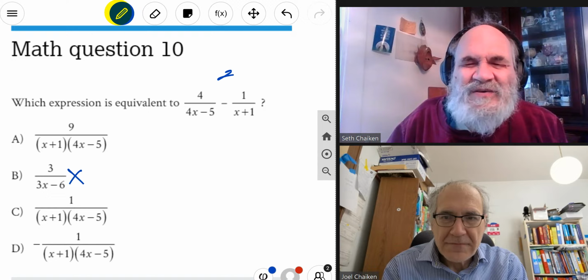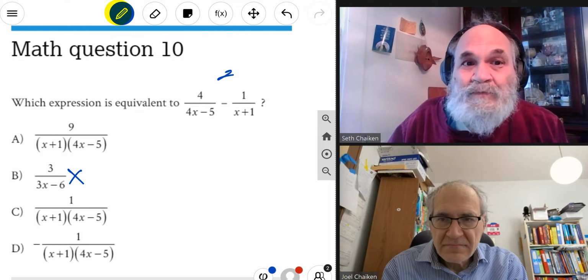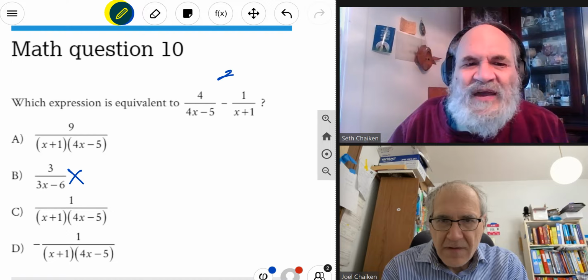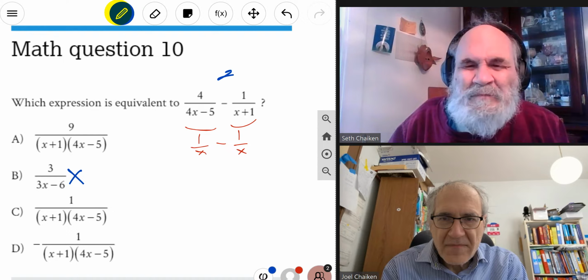For very, very large x, the left-hand term behaves like 1 over x, and the right-hand term behaves like 1 over x for very large x. And we subtract them, and so whatever the answer is, it has an x squared. These 1 over x's cancel, and so it can't be B.